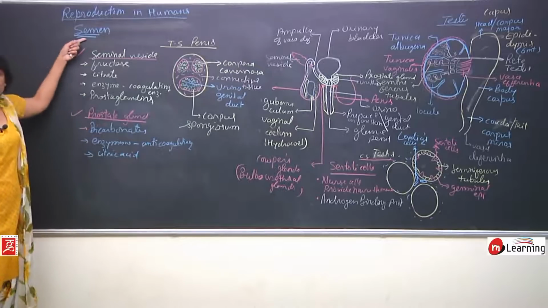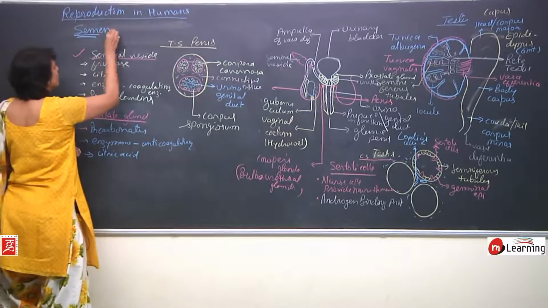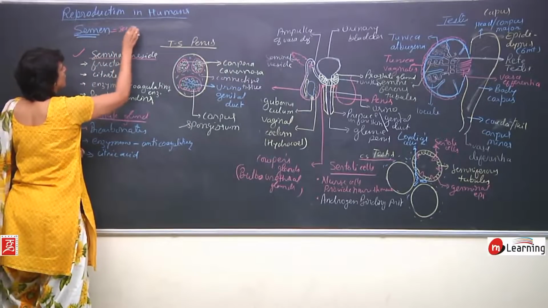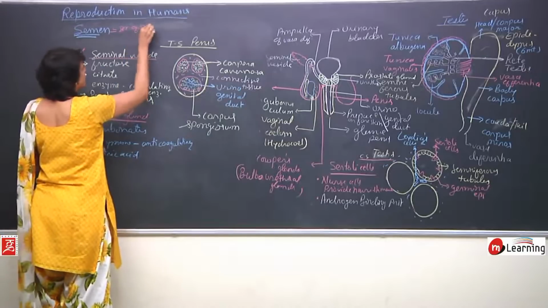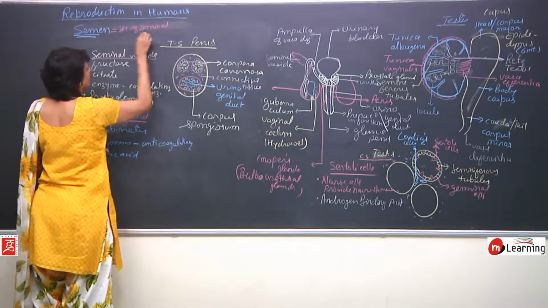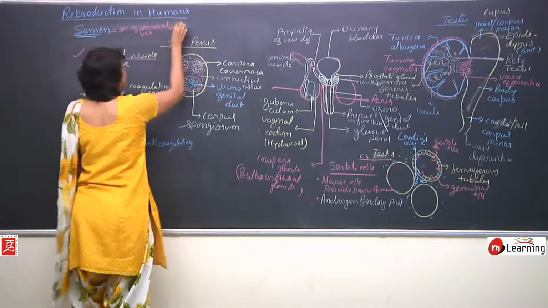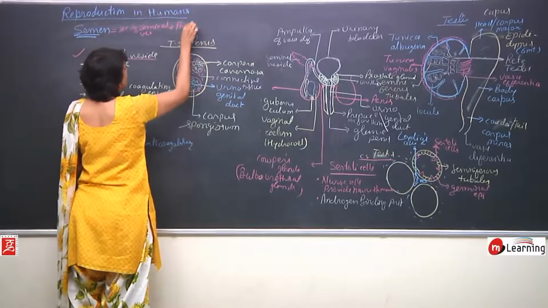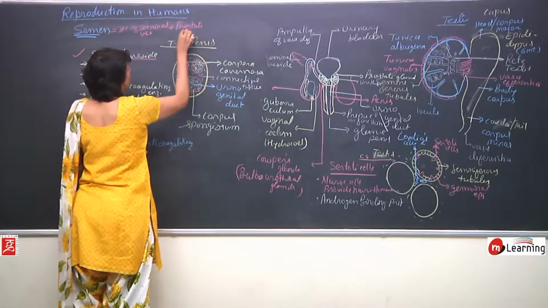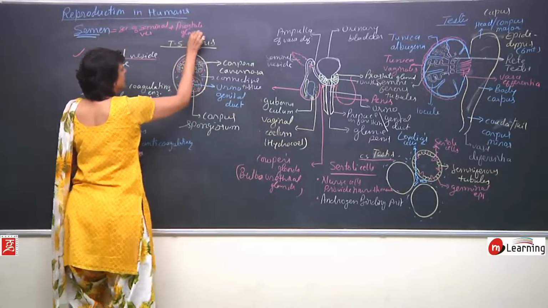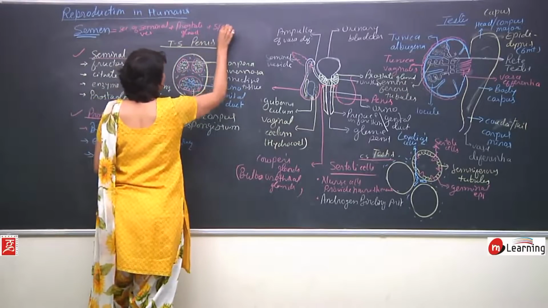Now, what is semen? Semen includes secretion of seminal vesicle plus secretion of prostate gland plus sperms.